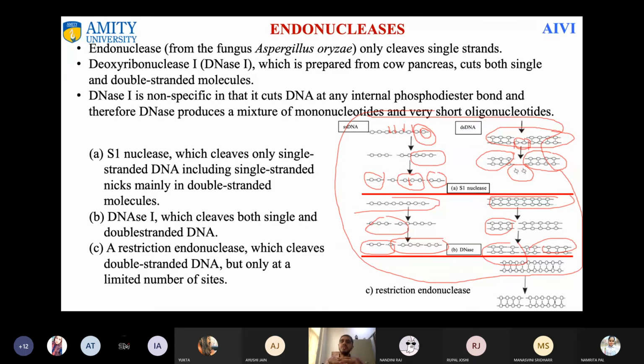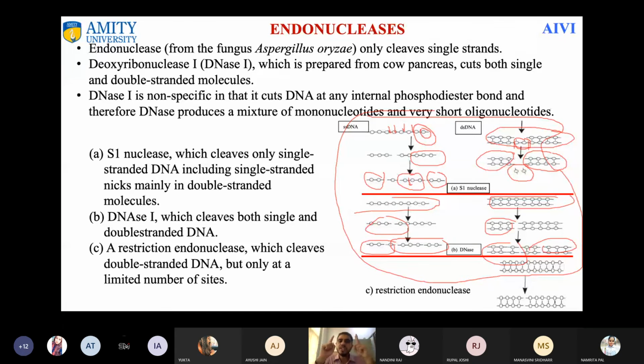On the basis of where these enzymes produce cuts, they cut at single stranded DNA, double stranded DNA, or double stranded DNA at a specific site. If they cleave DNA at a specific site, at a specific location, we call them restriction endonuclease.